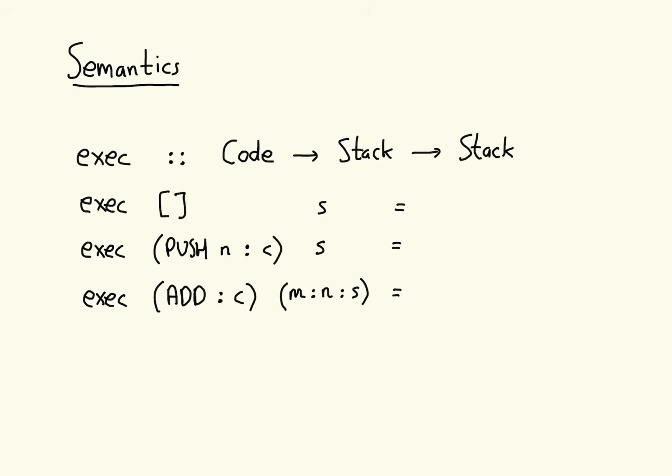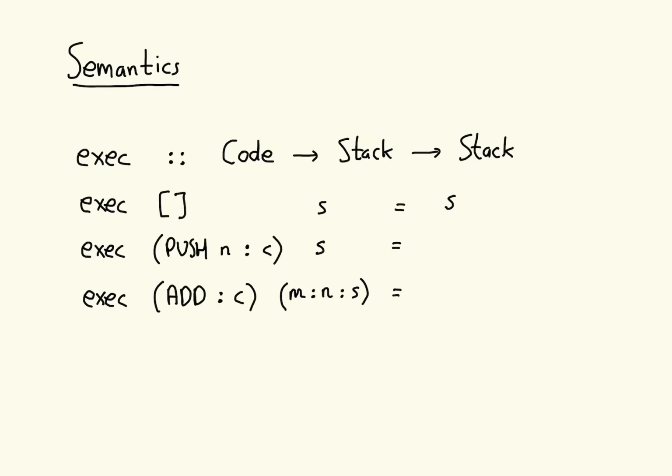So in the base case, it's very straightforward. If you give me no code and you give me a stack, then there's nothing to do. I will simply return that same stack. In the second case, if the first operation is a push and C is the code that you need to execute afterwards, and S is your initial stack, then this is very simple.